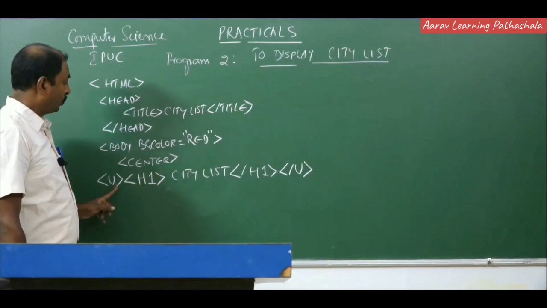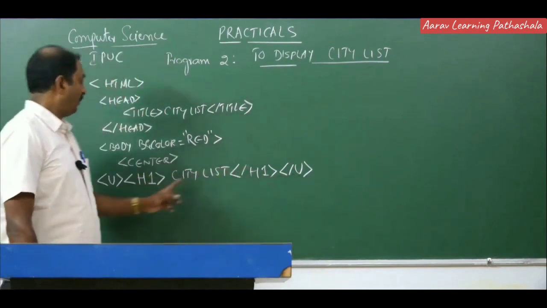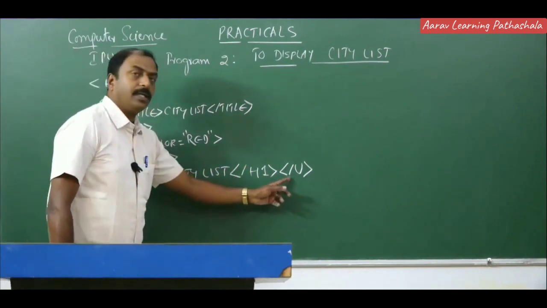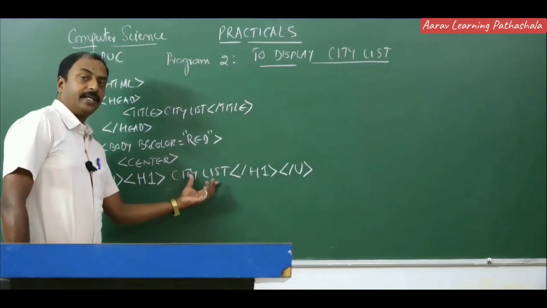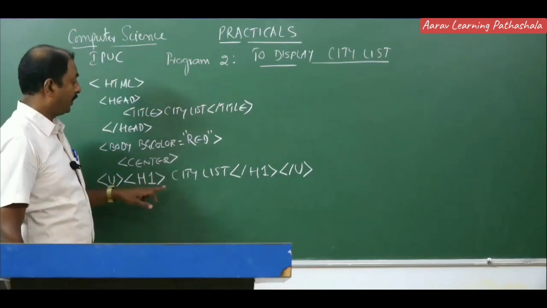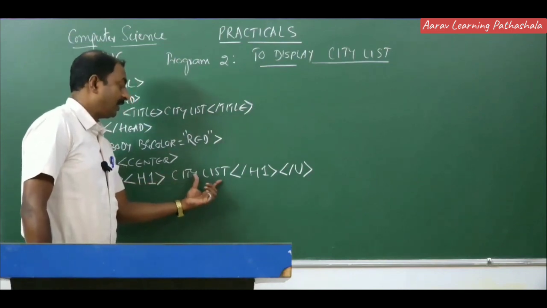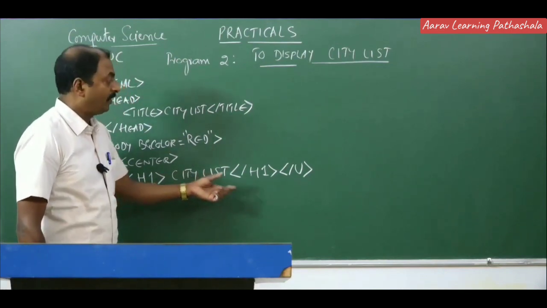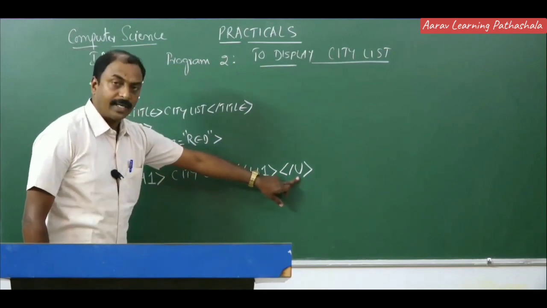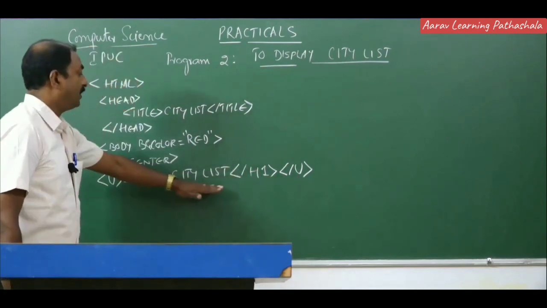The first one is U. U stands for underline. Anything written inside this will appear as underlined text. So in this example, H1 stands for heading, so city list appears as a heading, and we have used the underline tag here. So this is city list.